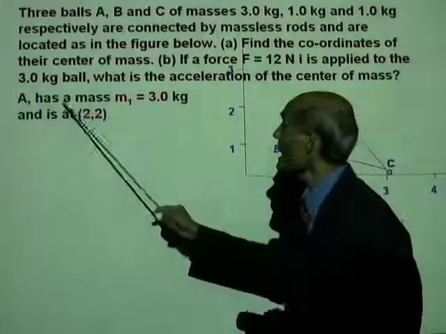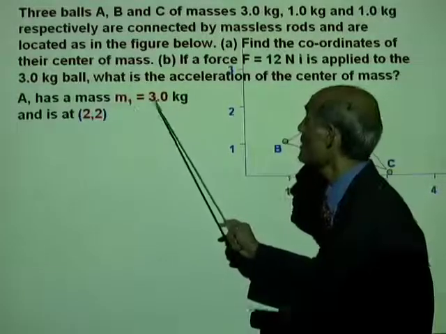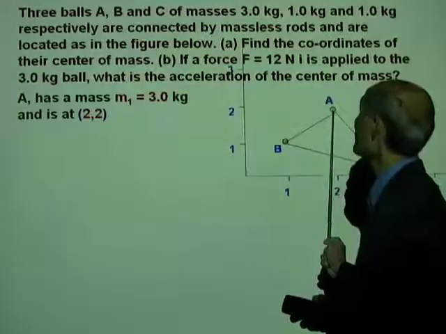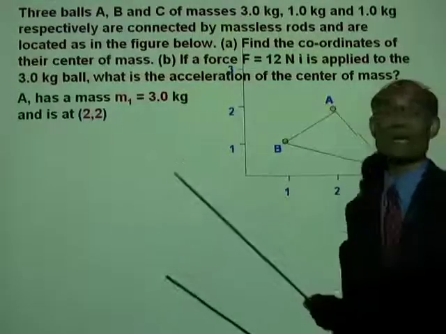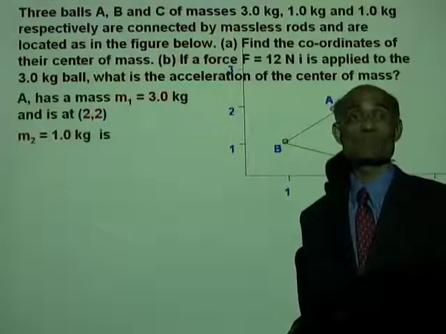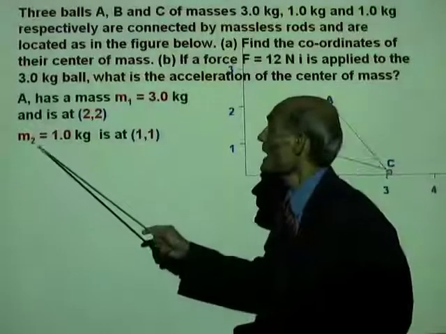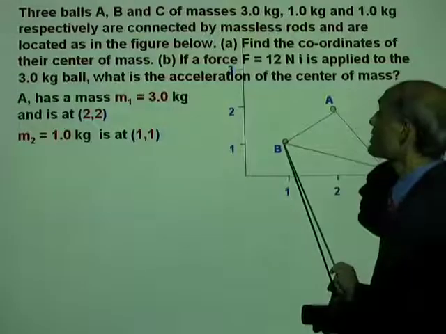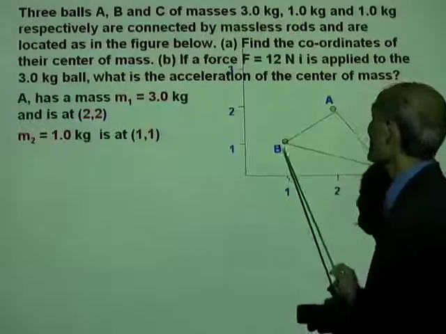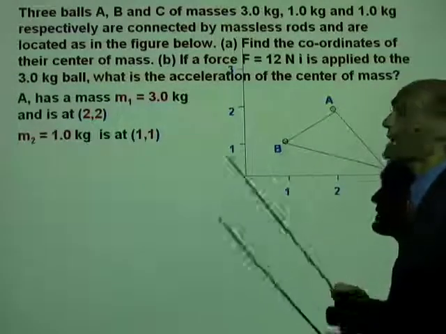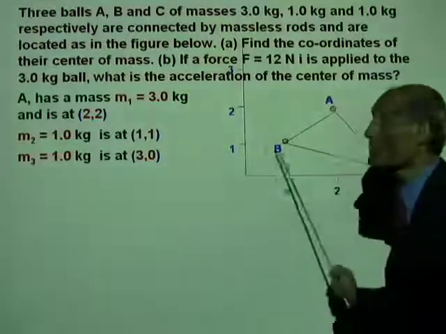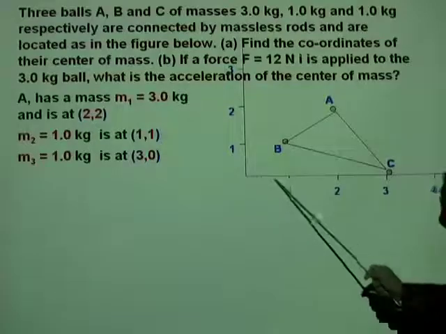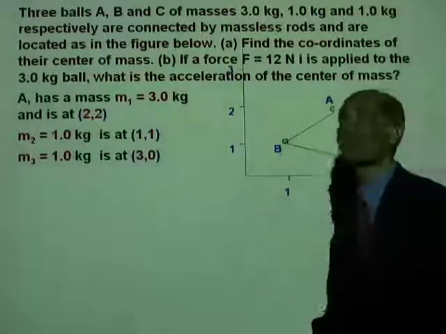Well, A has a mass m1 equal to 3 kilogram and is located at x equal to 2, y equal to 2. m2 equal to 1 kilogram is located at x equal to 1, y equal to 1. m3 equal to 1 kilogram is located at x equal to 3, y equal to 0.